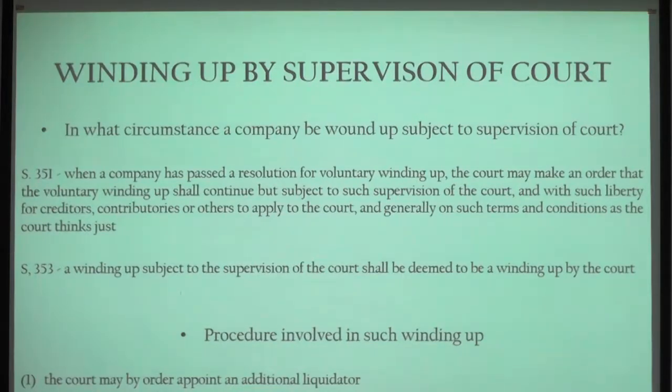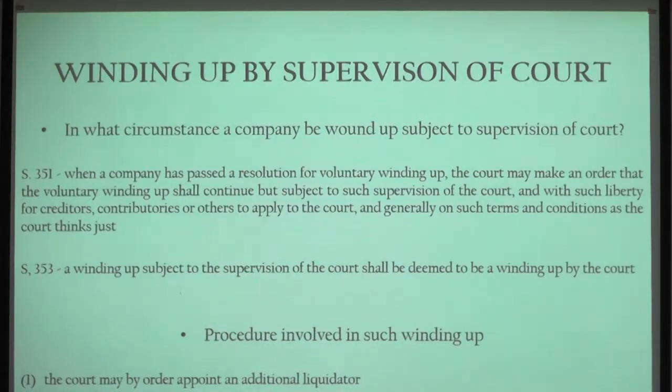So, when the intervention of the court has been petitioned and requested by a party, then the court supervision in the voluntary winding up procedure that we discussed before would mean the same as a court making a winding up of a company. Now, let us look at the procedure involved in such winding up.